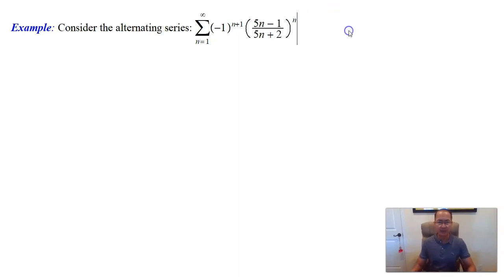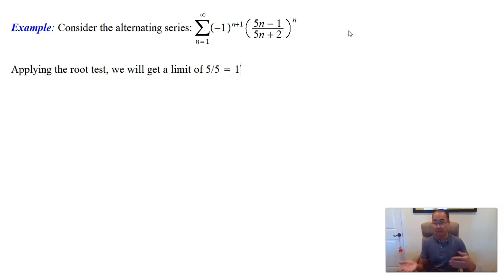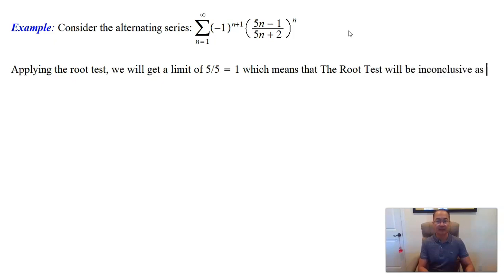Okay, so let's write it down. Applying the root test, we will get a limit of 5 over 5, which is 1. Before it was 4 over 5, 5 over 4, now it's 5 over 5, which means that the root test will be inconclusive as is.